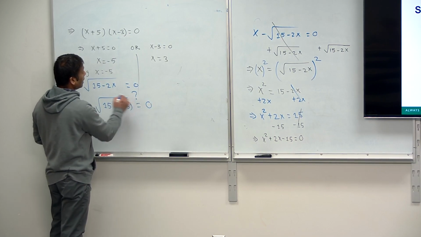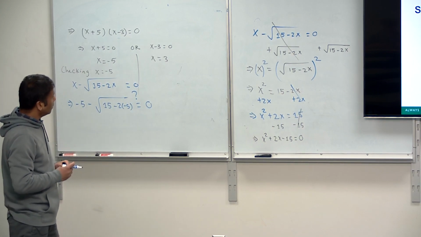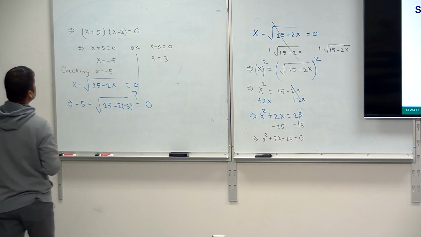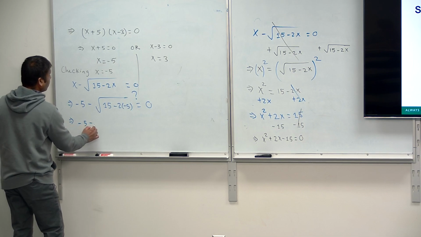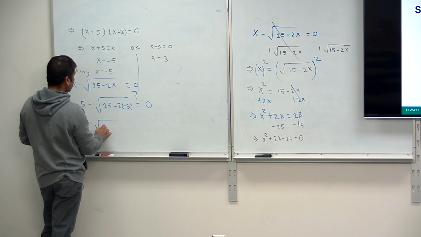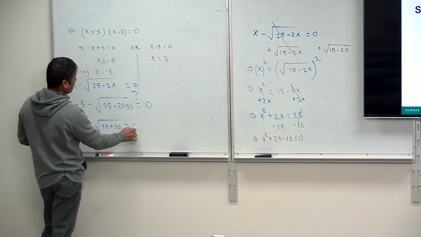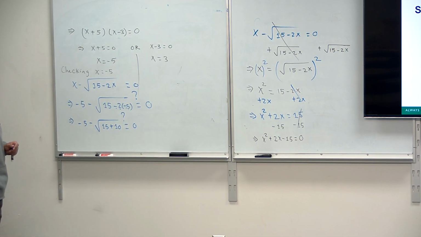So I want to check this. Are you guys with me? So let's simplify this. So this is 15, negative times negative is positive, so 2 times 5 is 10, equal to 0?